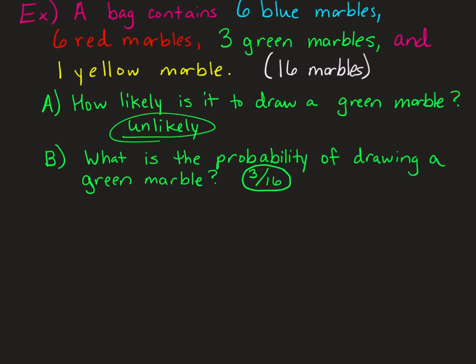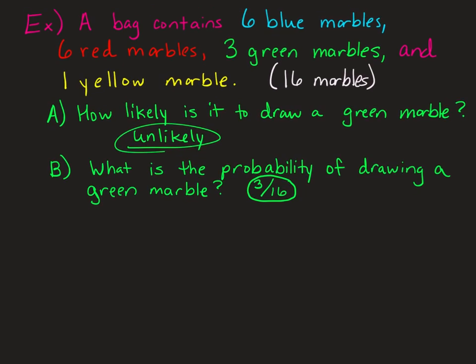That would be 0.1875, which is a decimal value between 0 and 1. It's 0 point something. Or we could describe it as a percent, 18.75%, which is a percentage between 1 and 100%, which still means it's between 0 and 1.